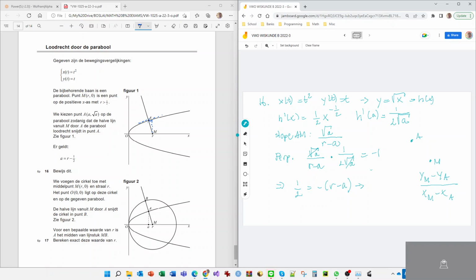What I get is actually a minus sign here, because ym is 0, and I need to subtract y of a. And indeed, r is the x of m, and then minus a. So yeah, there's a negative sign here.